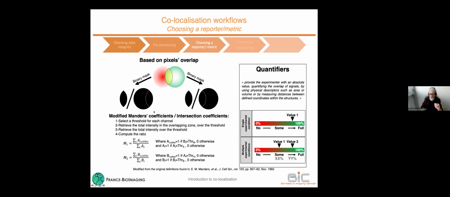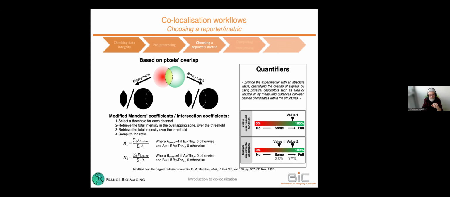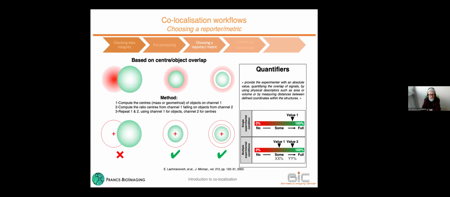This way, you are independent of the intensities, whereas here you rely on the intensity. So here you are not expecting any correlation, just a match, a coincidence between the locations where you find both signals.